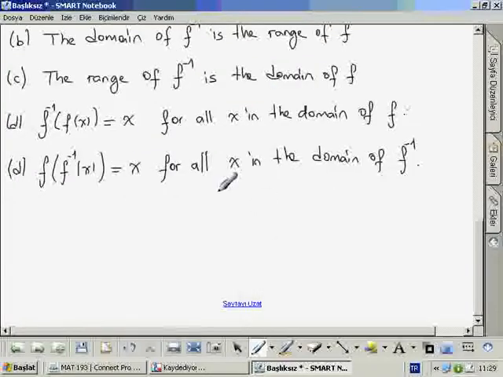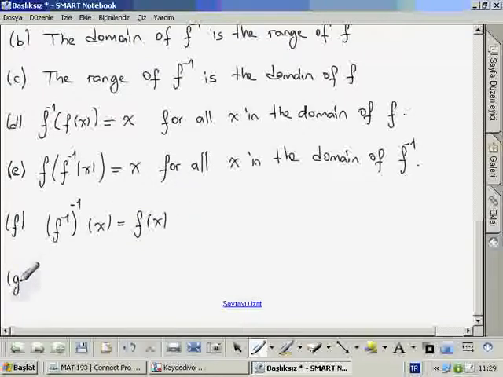And the next property: the inverse of the inverse f function equals the f of x function.